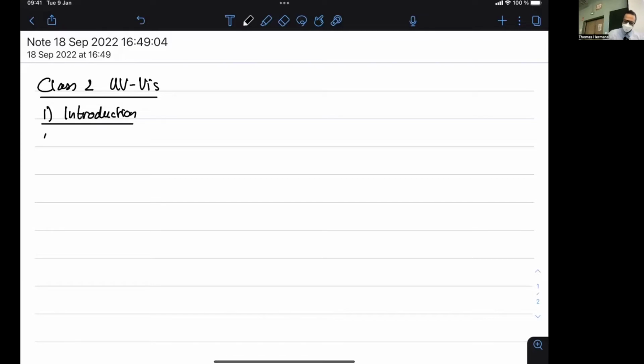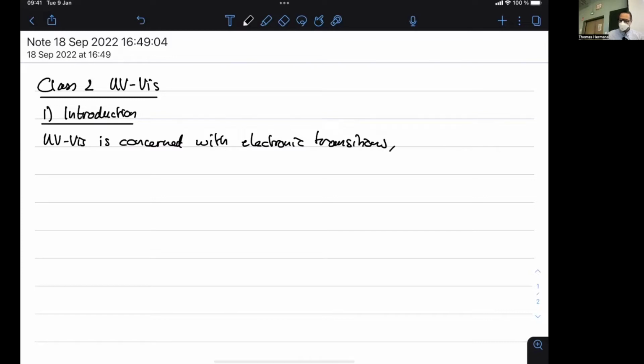So UV vis is concerned with electronic transitions. So that means transitions of electrons in between molecular orbitals.